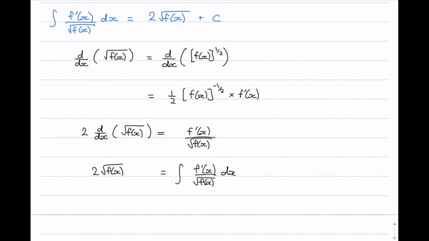Okay, and now because I have an indefinite integral, it's going to be whatever my answer is plus any arbitrary constant, because we actually get a family of integrals. So what we've done is we've actually just proved this formula. Let's now use it in an example.